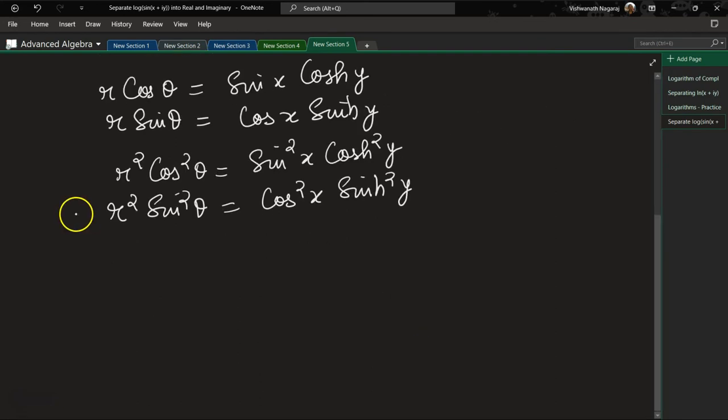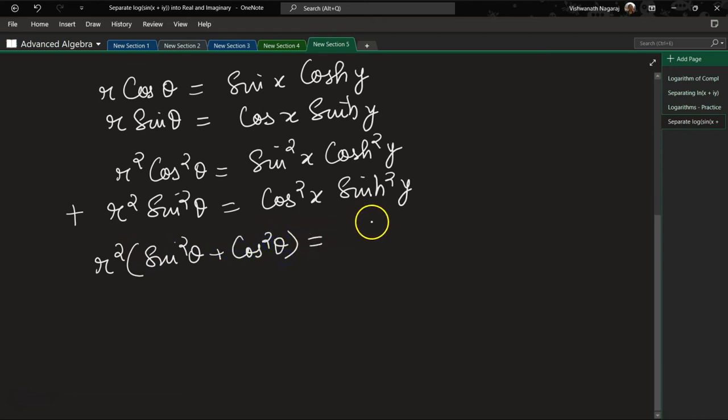Now let's add them. When we add them, we get r square times sin square theta plus cos square theta, which is equal to cos square x sinh square y plus sin square x cosh square y.